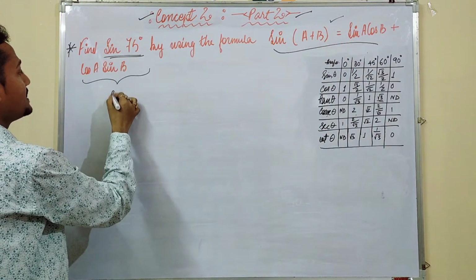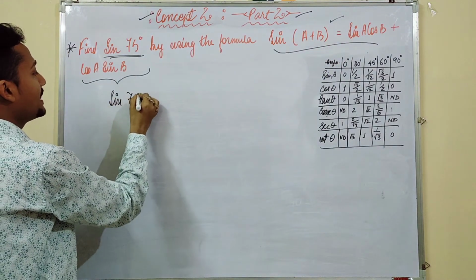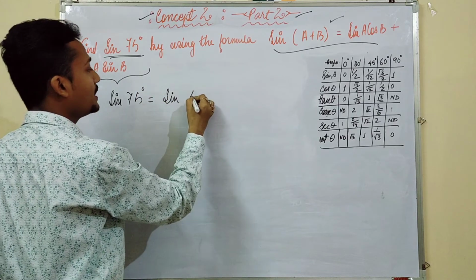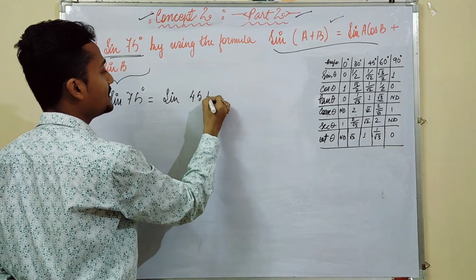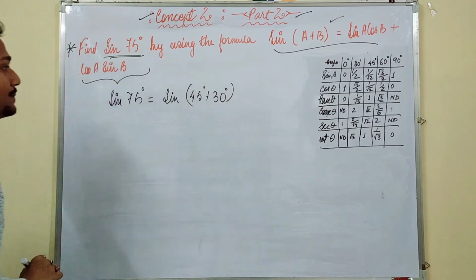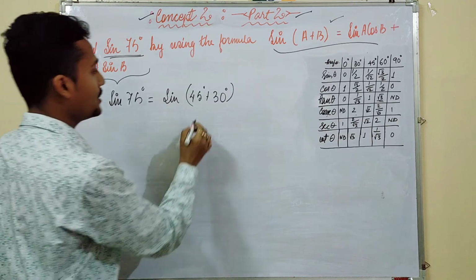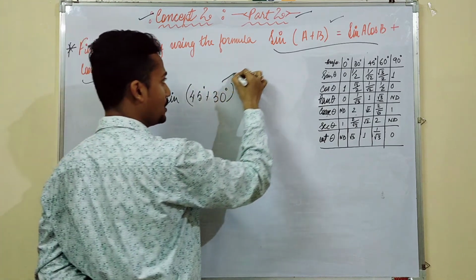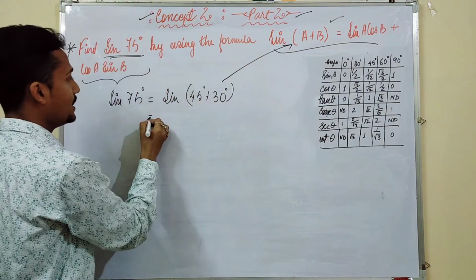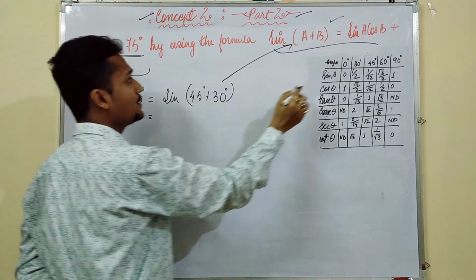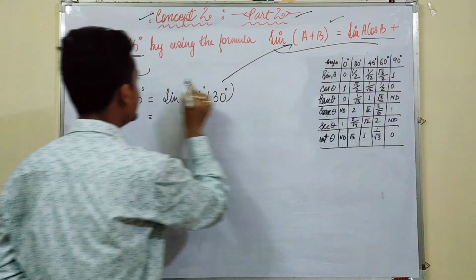Let us see. Sine 75 degree is equal to sine 45 plus 30 degree. If I say so, will it be incorrect? No, it will not be incorrect, because 45 plus 30 is equal to 75, and we are trying to convert it into this particular form. Okay, now see, sin 45 plus 30, we will apply this formula.